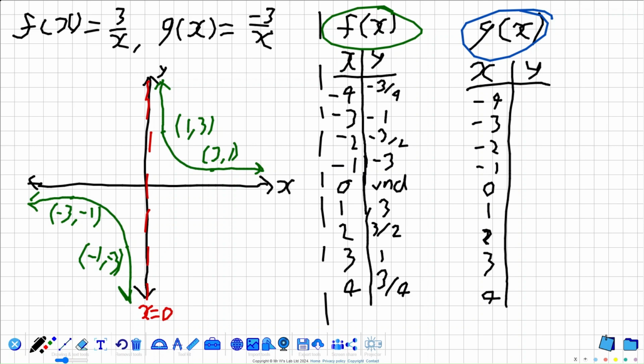So for -4 we have -3/4, that will be -1, that will be -3/2, that one we should just have -3. This is also undefined because we can't divide by 0. This will be 3, this will be 3/2, this will be 1, and then 3/4.